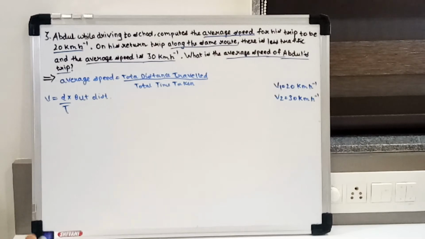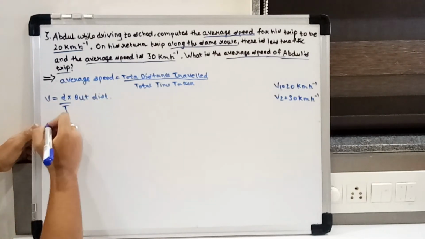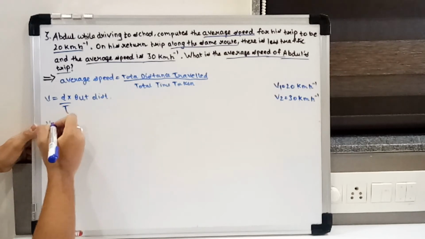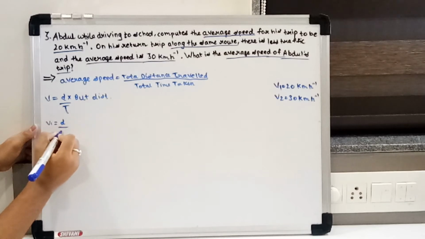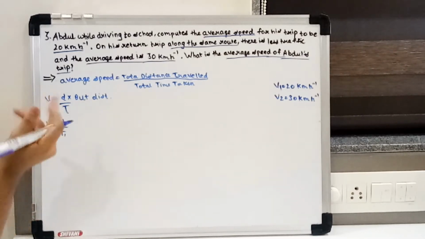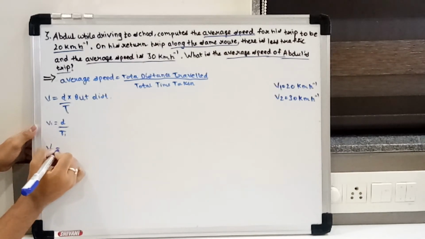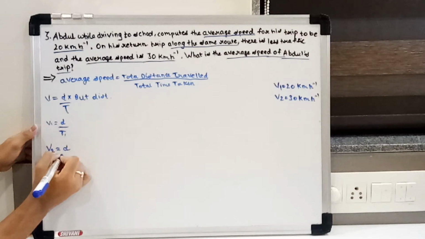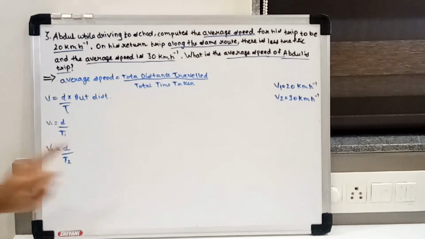So we have to make two formulas here, which are v1 is equal to d upon t1, where d is distance and the distance is common for both velocities, and v2 is equal to d upon t2.